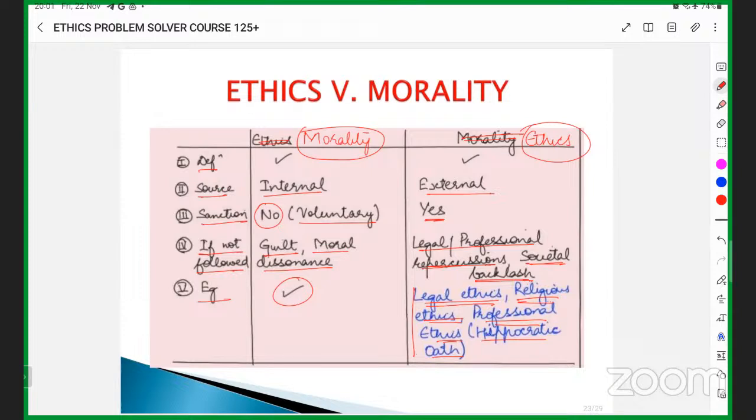But what if this rage takes up the form of morality in the longer term? Yes, if it becomes a part of morality, if in anger you have decided that now I will do injustice, and you have thought it through, and it has got ingrained within you, then it becomes part of your morality. Okay.